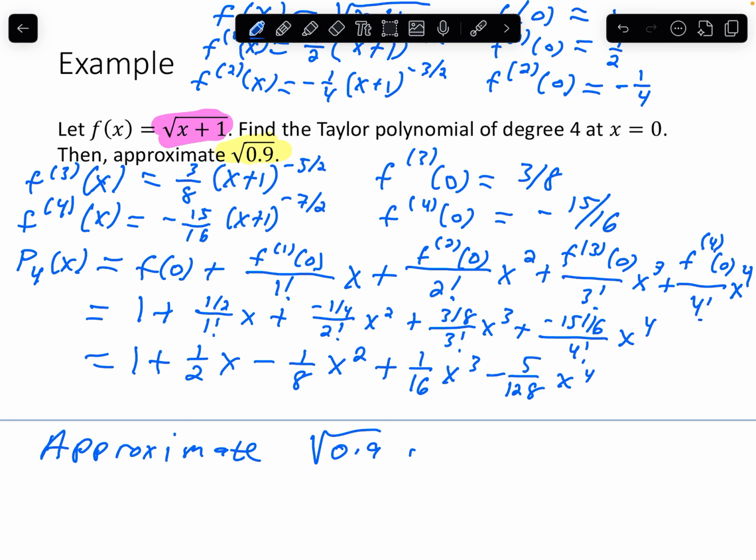Before plugging something in, we know the square root of x plus 1 is supposed to be equal to the square root of 0.9. And how does that happen? That happens when we have a value of x equal to negative 0.1. That way, when we have negative 0.1 plus 1 under the radical, that will make 0.9.